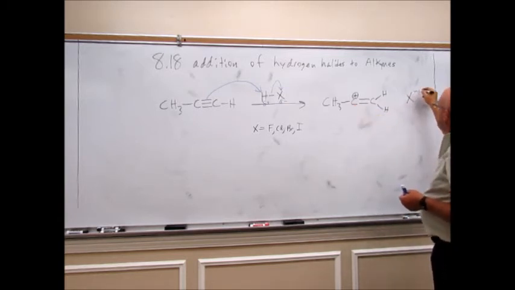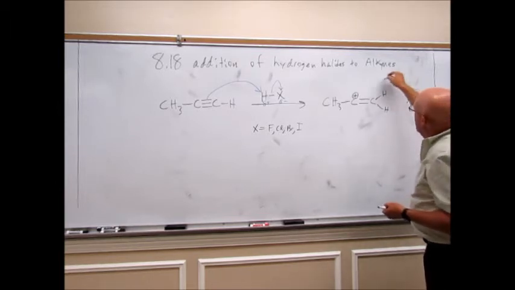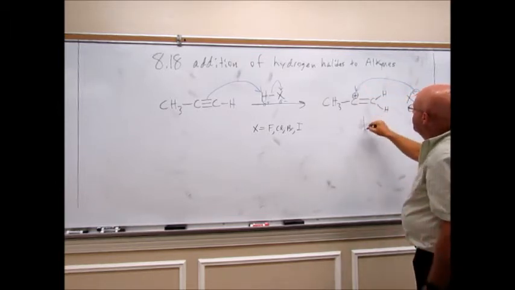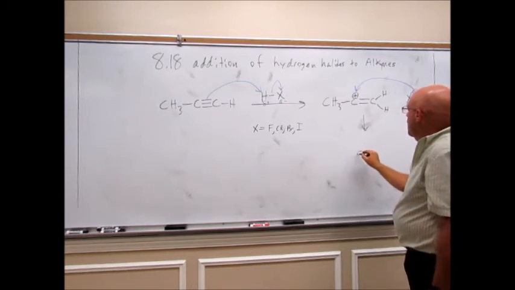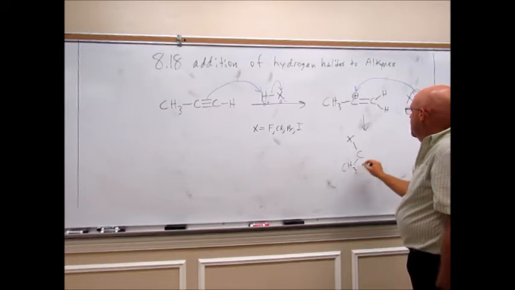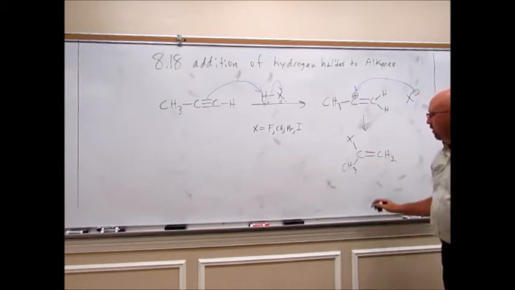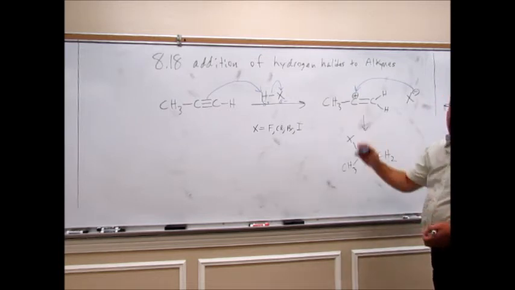We had kicked off X minus here, so whether it's a fluorine, bromine, or chlorine, whatever we happen to be using, that adds to the cation. Now, we would stop here if there's one equivalent of HX.